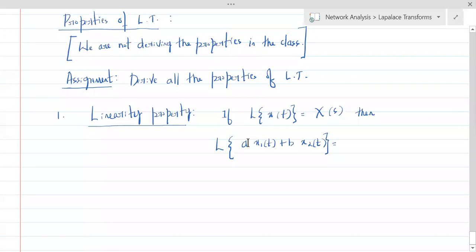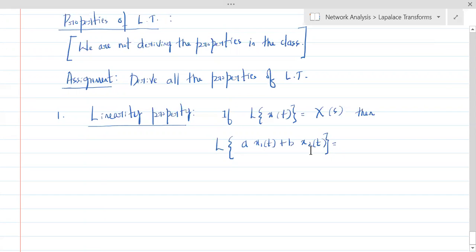If a is less than 1, what is the opposite of amplification? It is attenuation. So depending on this scaling factor, the amplitude of x1 of t would be decided.